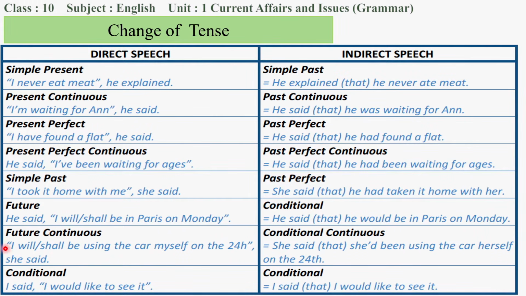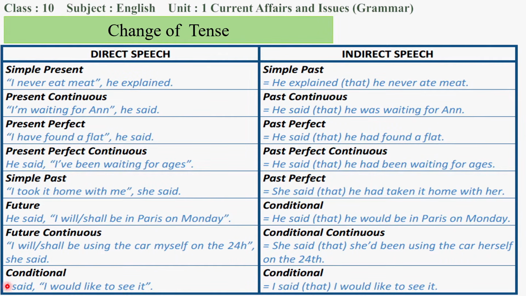Next, "I shall be using the car myself on the 24th," she said. Future continuous changes into conditional continuous. She said that she would be using the car herself on the 24th.